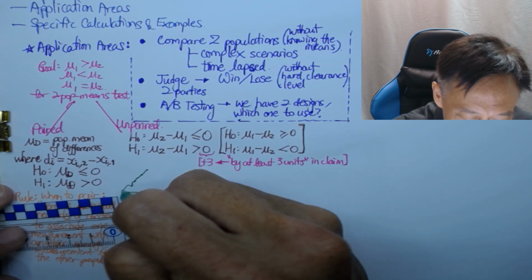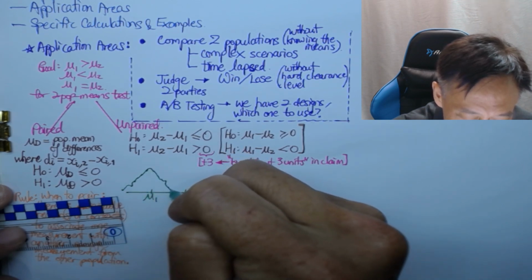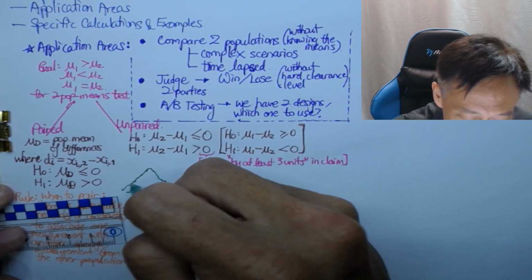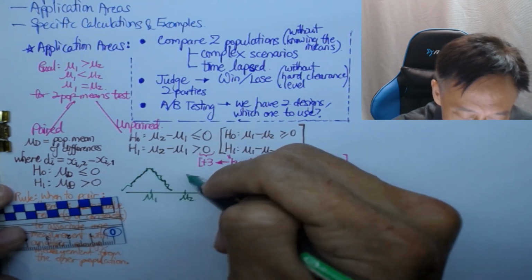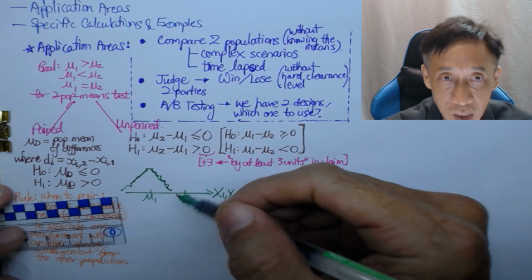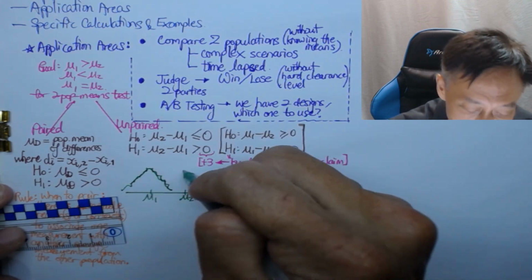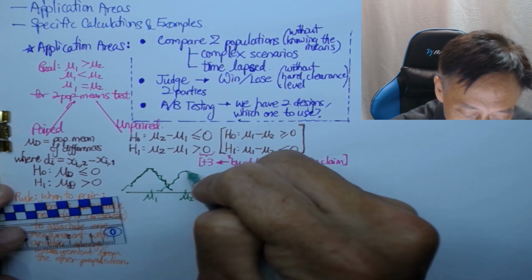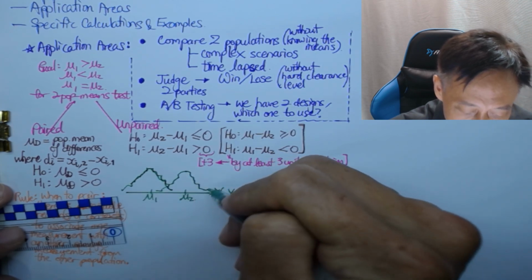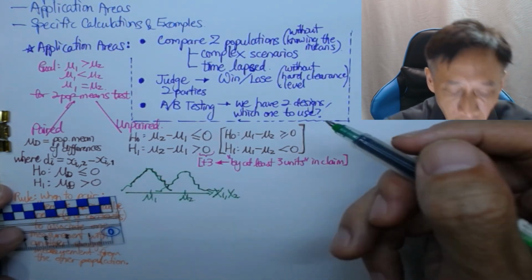Remember that it is going to have some sort of distribution that need not necessarily be normal. So it can also be like that, and I'm purposely illustrating that.